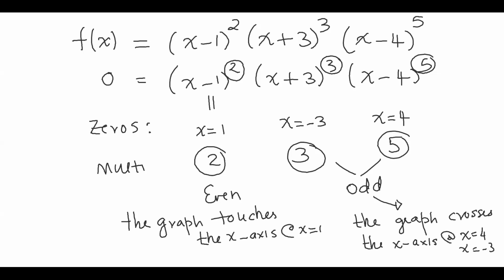So this is the definition of even and odd multiplicity. What happens to the graph? If it is odd, then it crosses the x-axis at that point, and if it's even, it's going to touch it. Any questions? I'm going to move on to the next page to show you some examples.